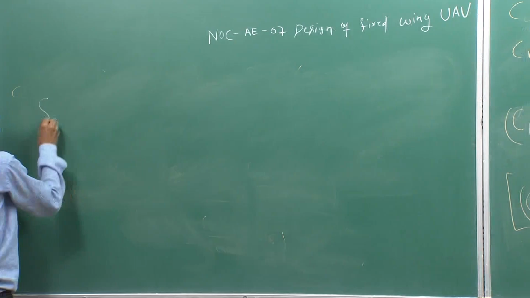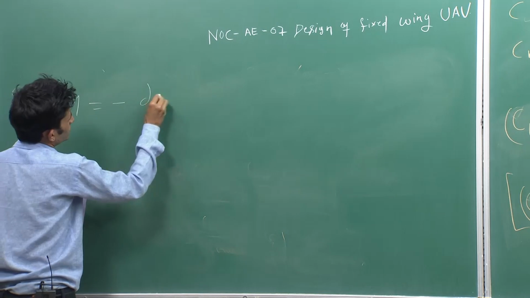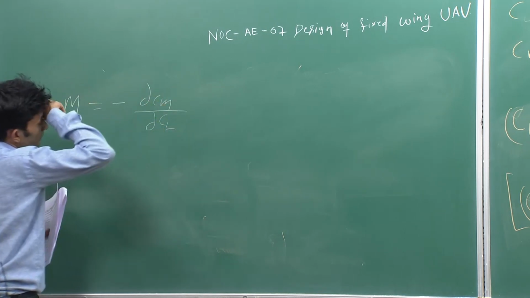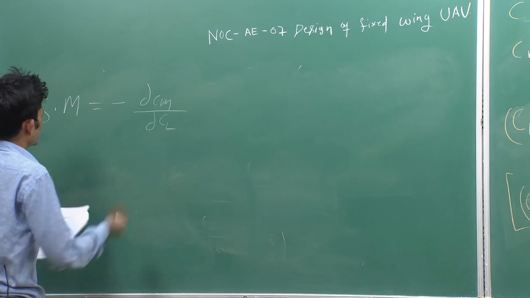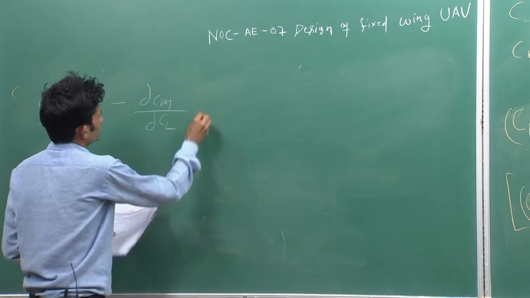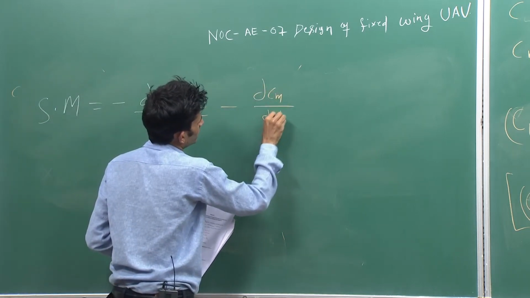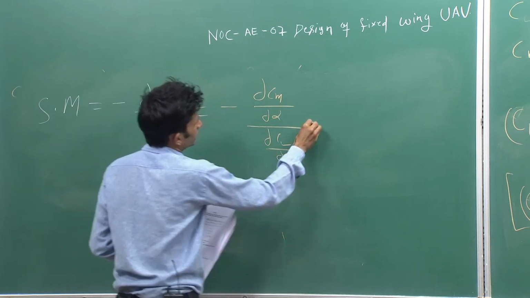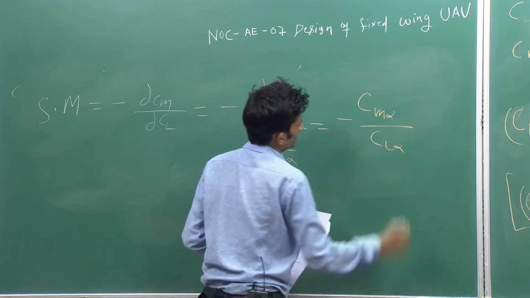So static margin is nothing but minus dou Cm by dou Cl, and you can manipulate this as dou Cm by dou alpha divided by dou Cl by dou alpha. This you can further write as Cm alpha and Cl alpha.